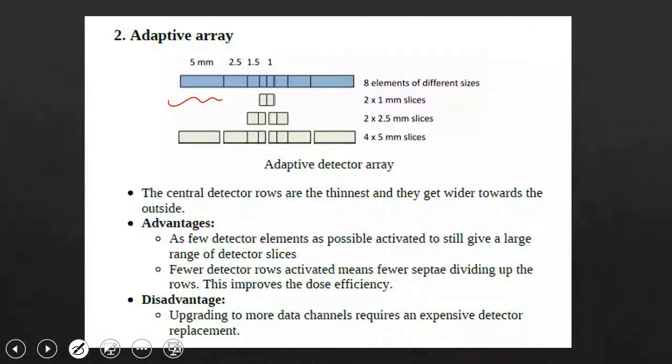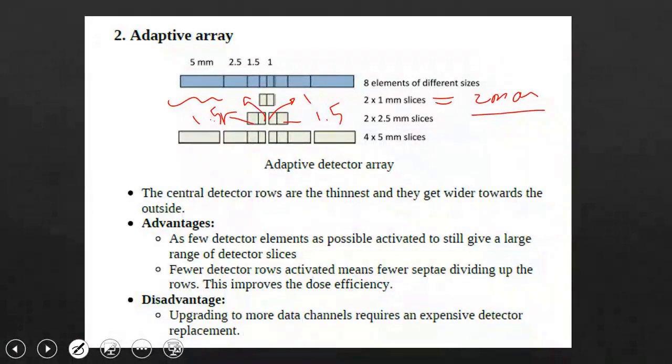For example, to specifically cover an area of approximately 2 millimeters, and to get an image of 1 millimeter, I would use the detector that is 1 millimeter, and I would use two of them in total. Now, if I want to use two detectors of 2.5 millimeters, I would take one of those and one of the 1.5 millimeter detectors next to it. In summary, every two detectors are essentially like one row.